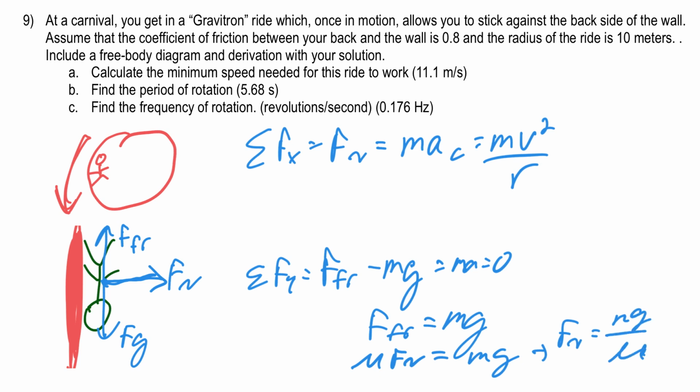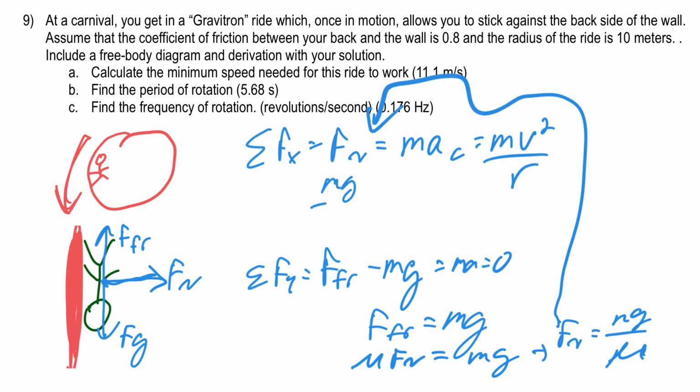There's our normal force. So if we throw this over into our normal force, we're going to have mg over mu equals mv squared over r. Look at that, masses cancel once again.